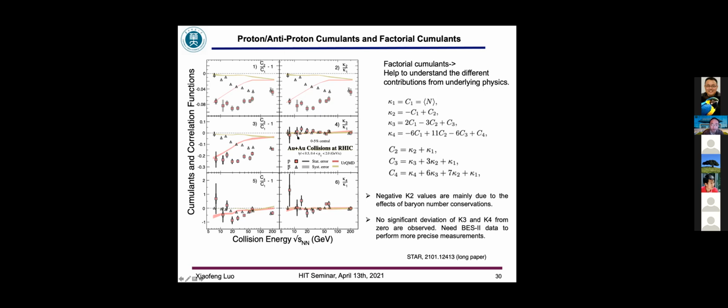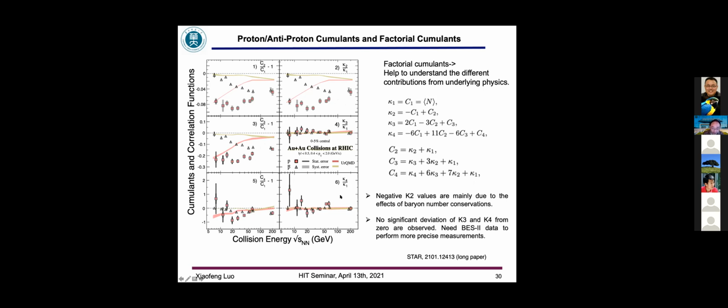Within the current uncertainty, there is no strong deviation from 0. That means this large negative value of the third order is mainly coming from the two-particle correlation function, which is dominated by baryon number conservation. But C4 still has contributions from four-particle, three-particle, and two-particle correlation.